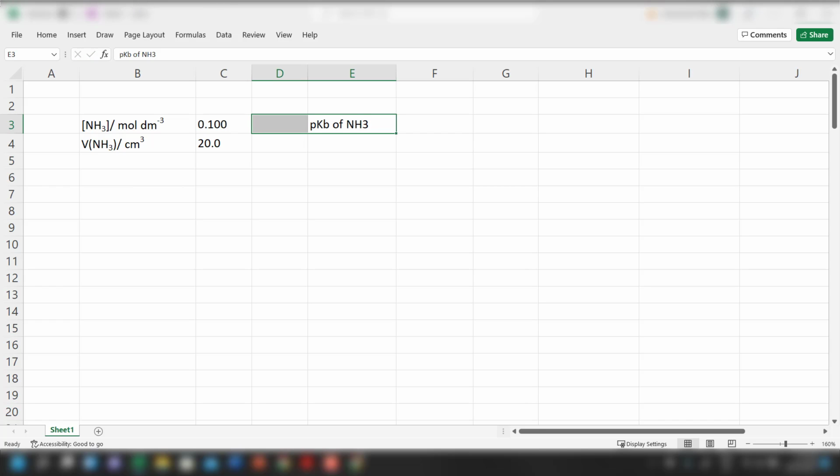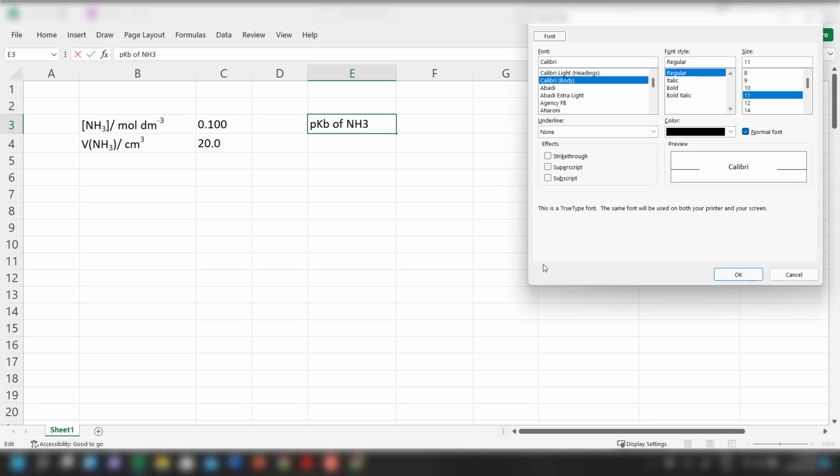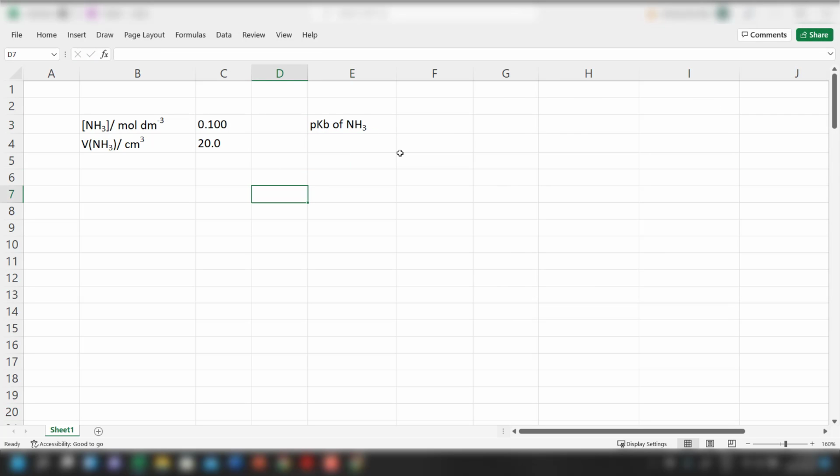For pKb, it really depends on you. You can go and search the information on the World Wide Web, which is usually available, 4.74, and then the concentration of hydrochloric acid as well. In our case here, I think we use a slightly different concentration, that's 0.125 moles per dm cube.